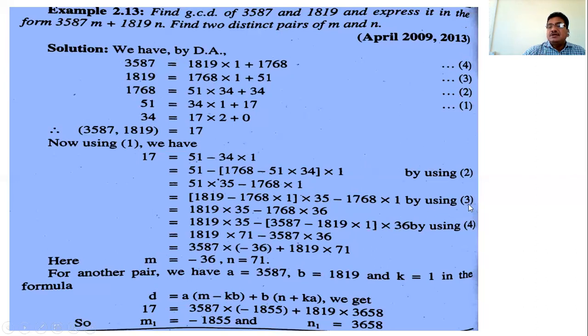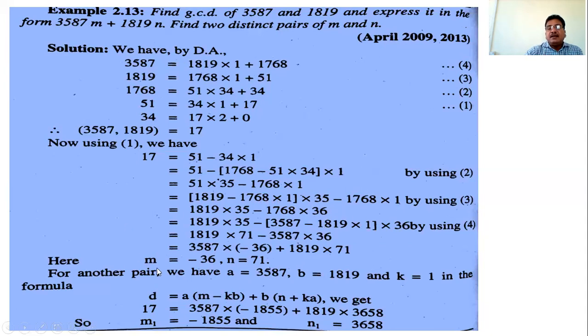Then multiply by 35 in the bracket. So what do we have? 1819 into 35 minus 1768 into 35, minus 1768 into 1. If you take the minus sign and 1768 common, we have 35 plus 1, which means 36.